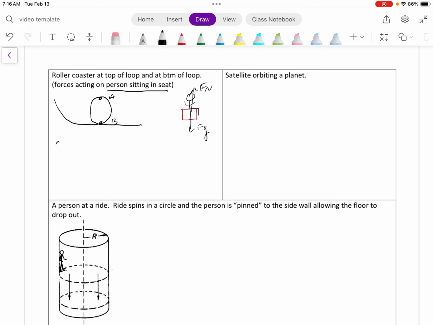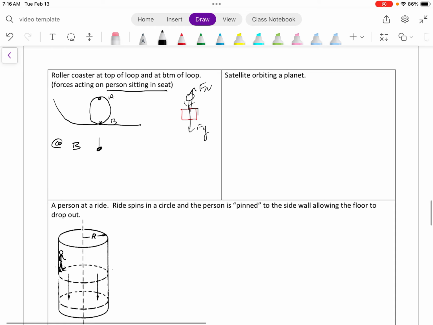So let's do B first because it's exactly like what I just drew. At B, I have a dot. It represents the person. The roller coaster is sitting like that, and she's sitting on that bench. We have force normal acting on the person, and we have force of gravity acting on the person downward.